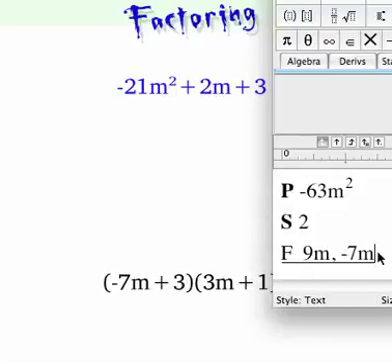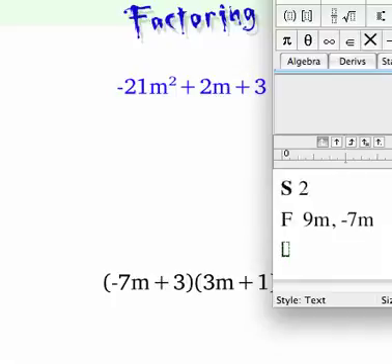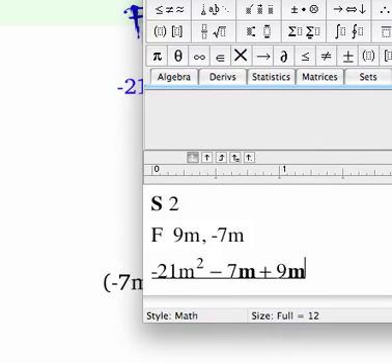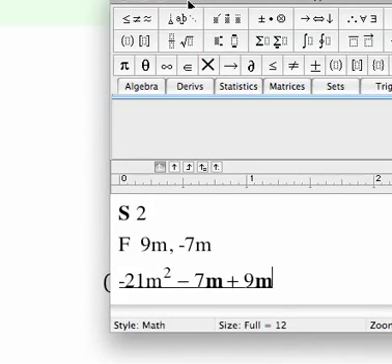All right, so then when we go to write our factors, we write -21m squared, take away 7m, so we can factor, and then plus 9m, plus 3.